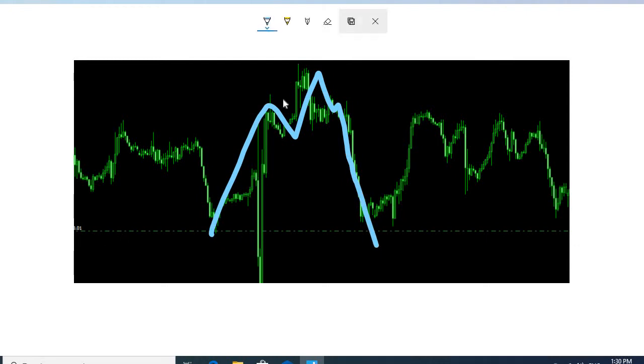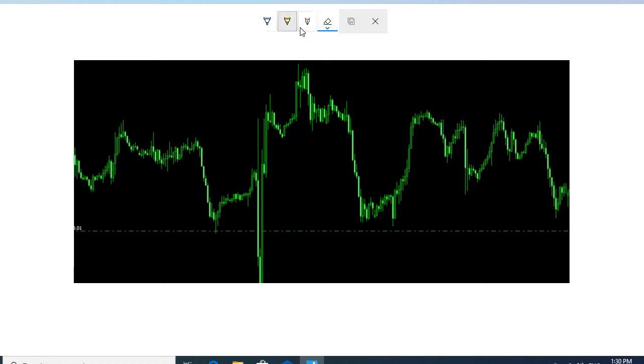Let me just make this proper. So it will be more of an upwards direction, form a head and a shoulder, and boom. You understand? So head and shoulders must have two shoulders, one shoulder here, the other shoulder here, with a head. Then when it breaks the neckline, you sell.